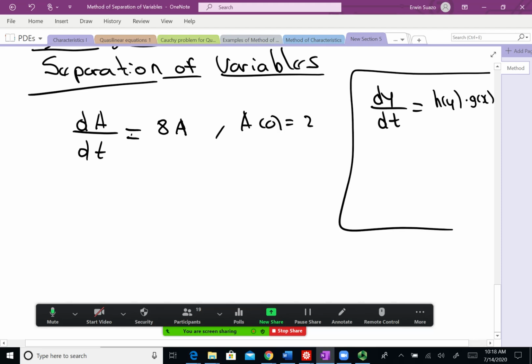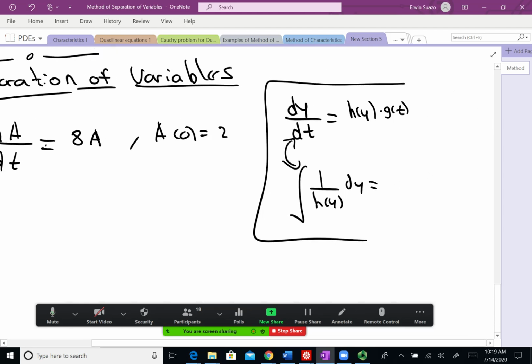This separation of variables, you can just rewrite this equation as 1 over h of y dy integral. Oh, sorry, I put dt, so let's put t here. So you move the dt to the other side, and then you got g of t dt.